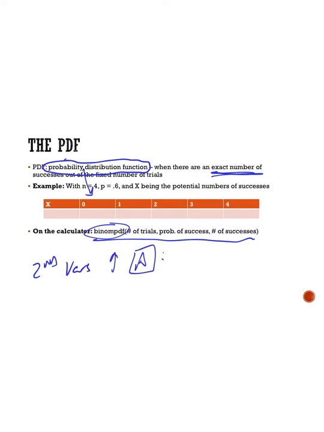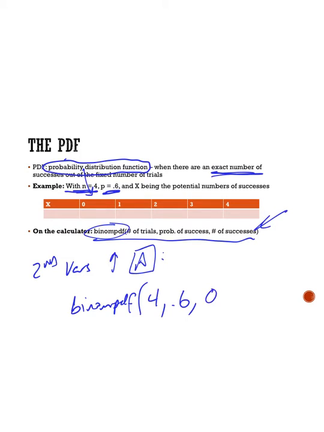With binomial PDF, depending on what version of a calculator you have, it will either ask you trials, P, and X value, or it will ask you to just put these three in like I have them written right here with the comma in between them. In our example, I have 4 trials, my probability of success is 0.6, and I'm going to look at 0, 1, 2, 3, and 4 successes.